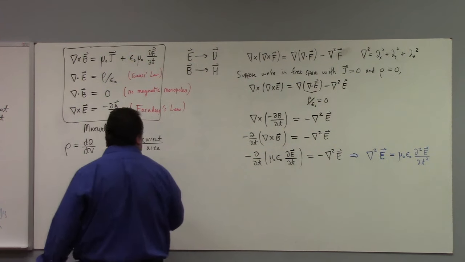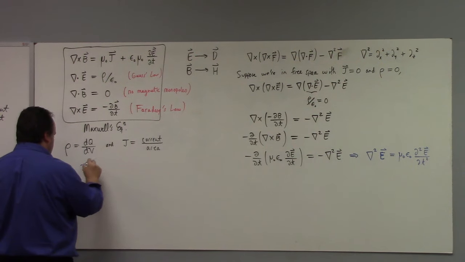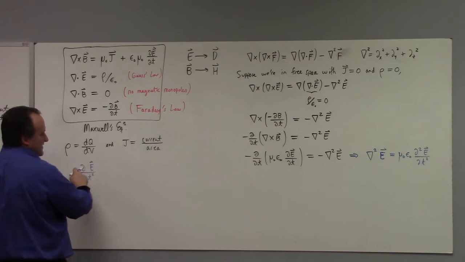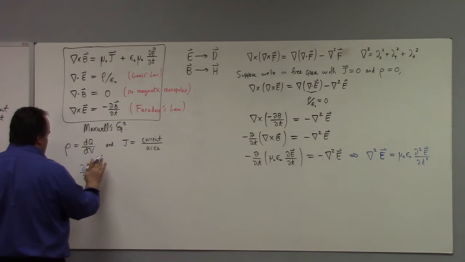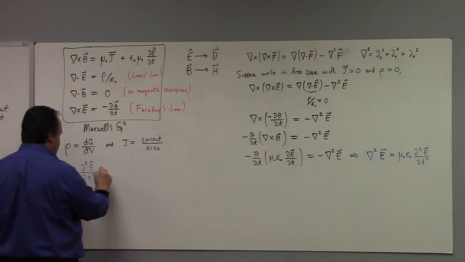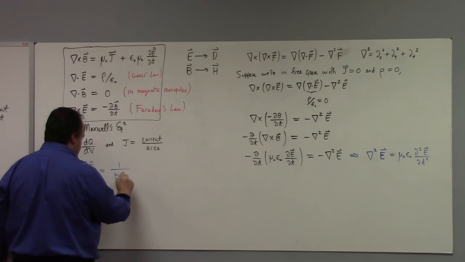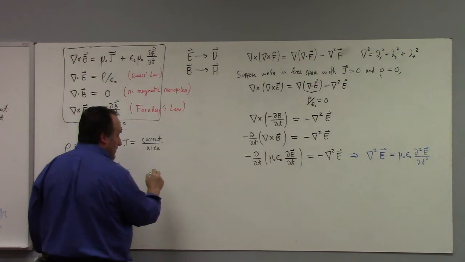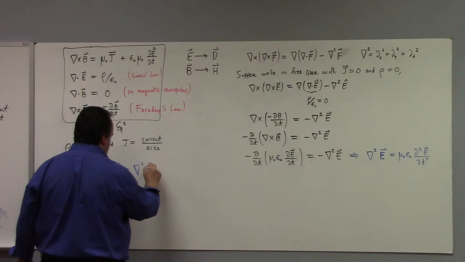Which I could rewrite as partial squared E partial t squared equals 1 over mu naught epsilon naught nabla squared E.